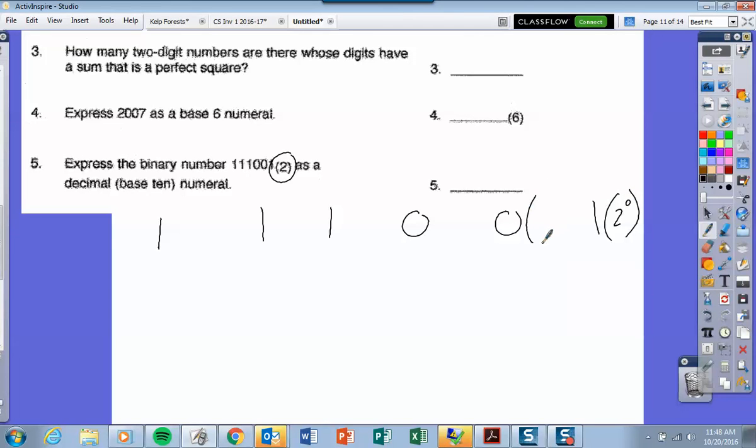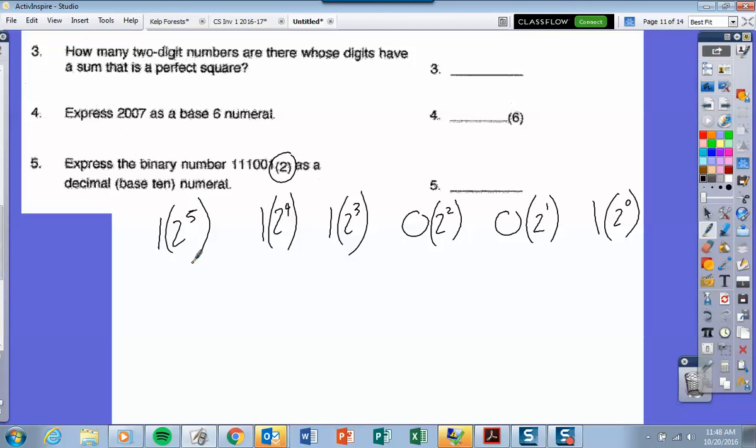This one over here is 2 to the first. This guy then is 2 squared. This guy then is 2 to the third. It's 2 to the fourth. And this is 2 to the fifth.